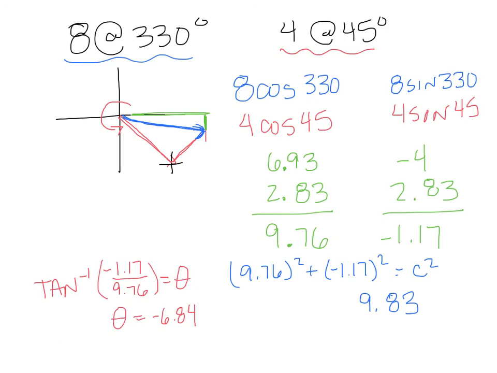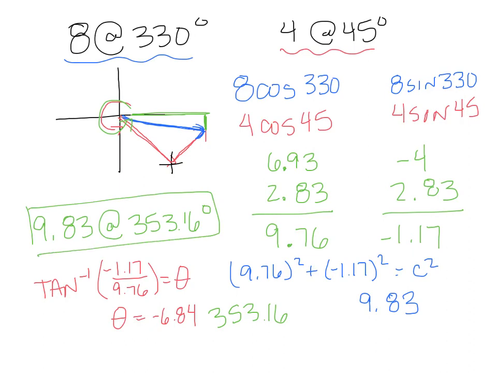And if we want to do the whole circle all the way around, we're going to have to do 360 in this case and take away our difference from 360. So I got 353.16. So our resultant vector is a magnitude of 9.83 at a heading of 353.16 degrees.